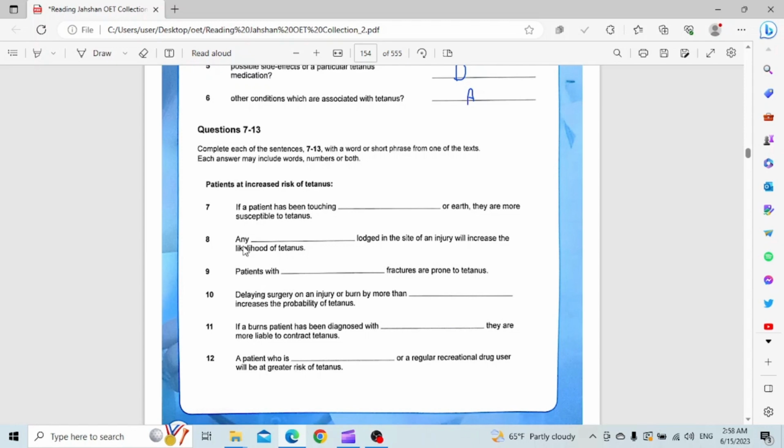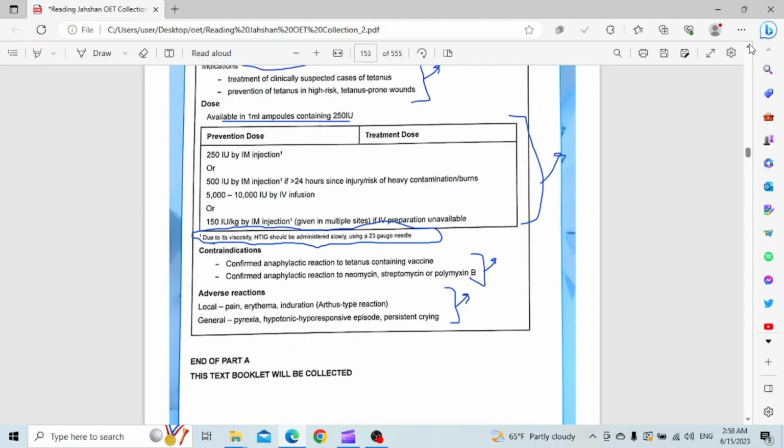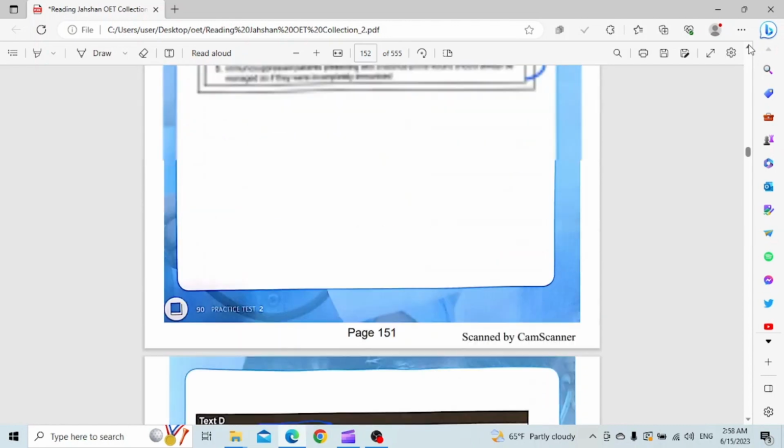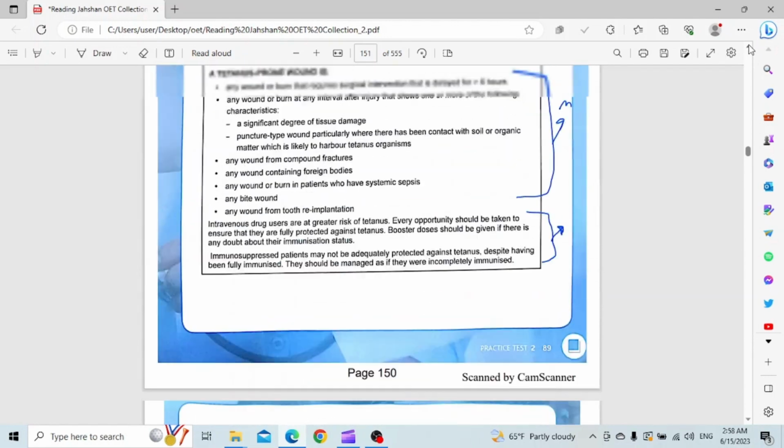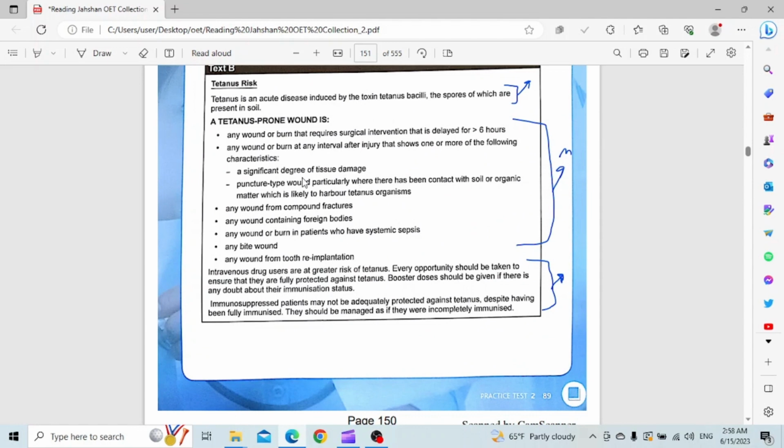So let's move to the other one. Any something lodged in the site of injury will increase the likelihood of tetanus. Again, it's a risk factor. And what has to be lodged? Firstly, I decided it's in part B. Then I have to look for what has to be lodged so that it can increase the risk of injury.